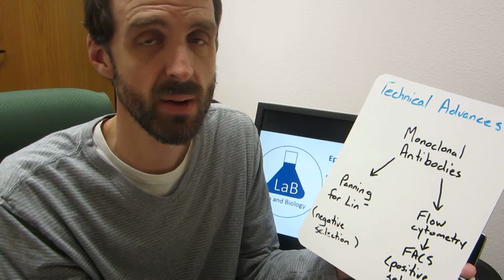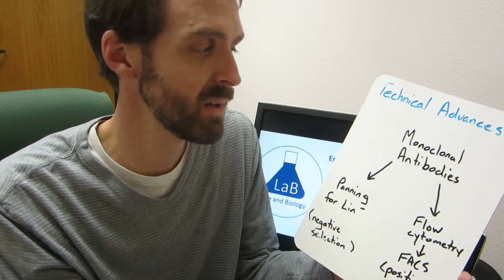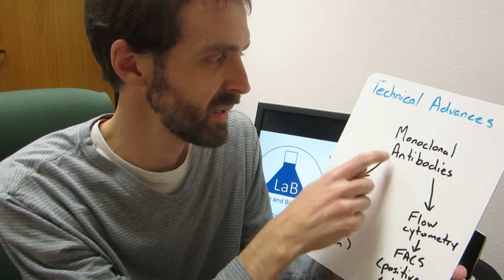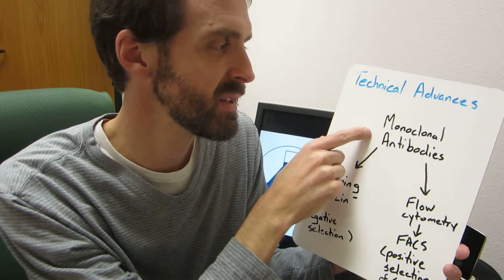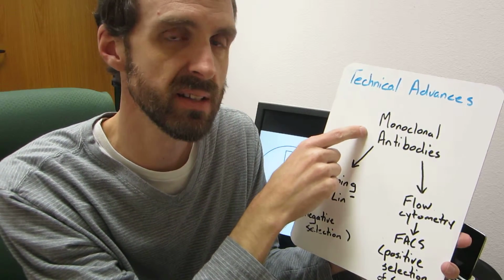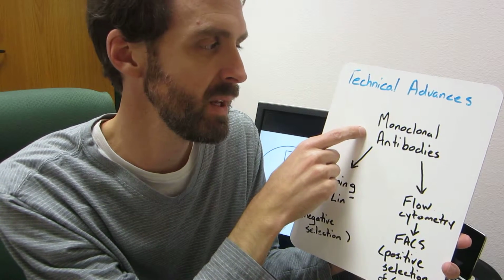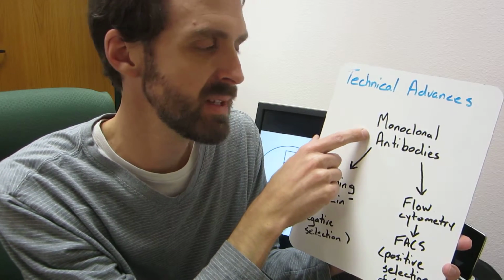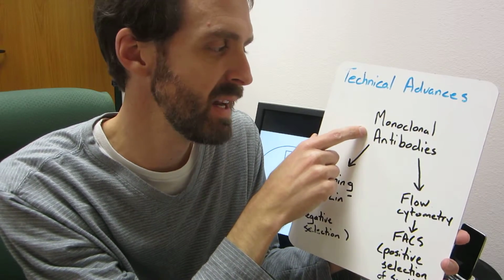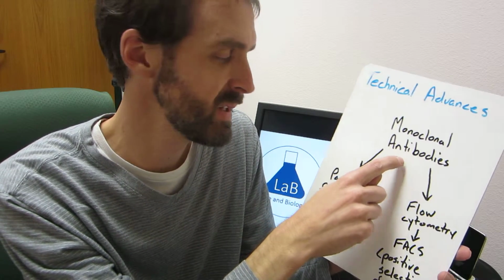First was the assay where you were able to save an irradiated mouse from dying by supplementing it with bone marrow cells. But the second thing is the advent of monoclonal antibodies, and these are antibodies that are not a mix of antibodies. They're just many copies of the same antibody, and these antibodies can bind to a very defined target, and so that was helpful for these technical advances.